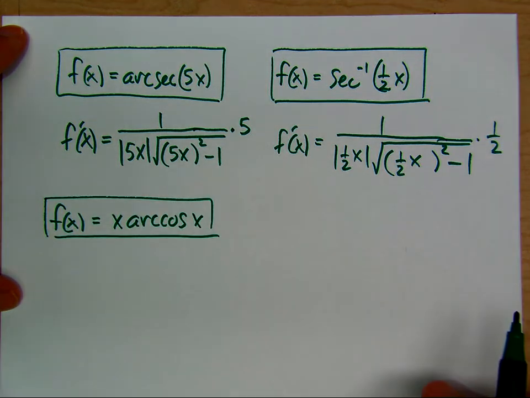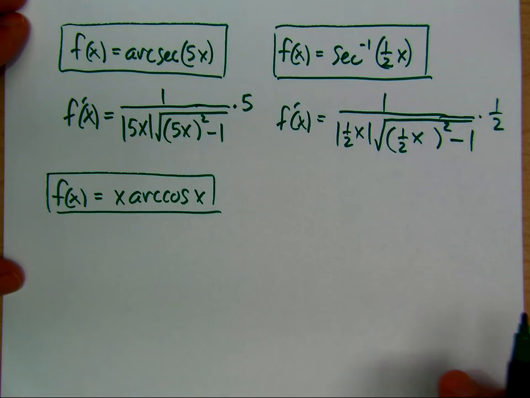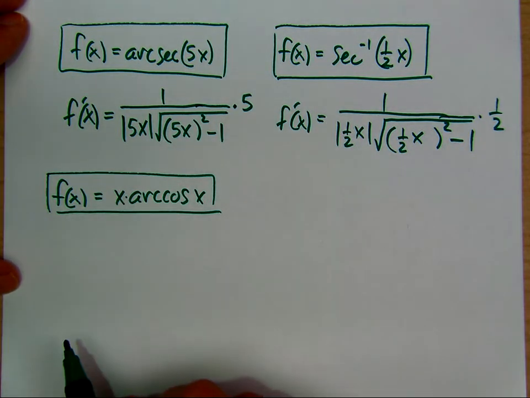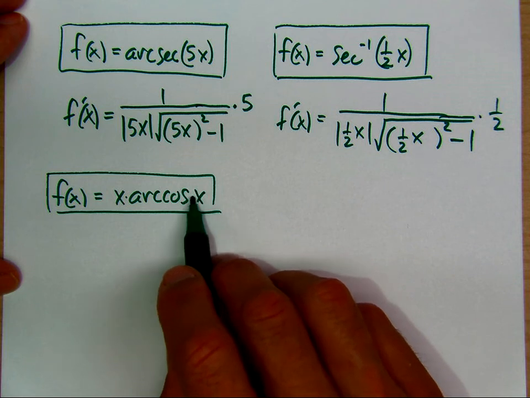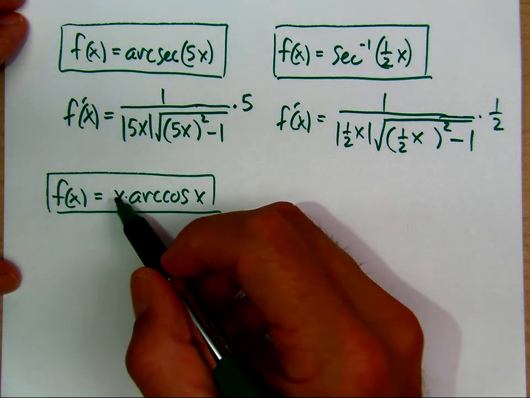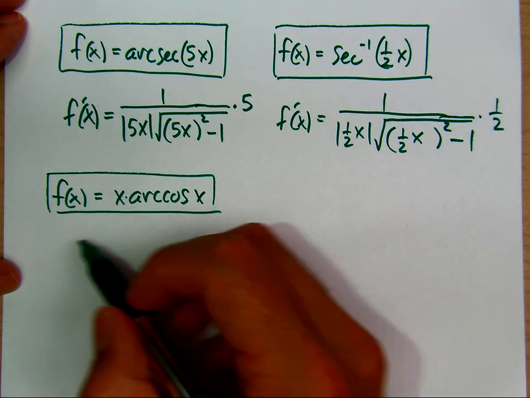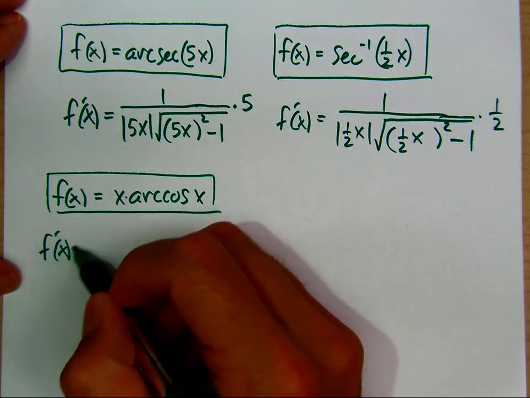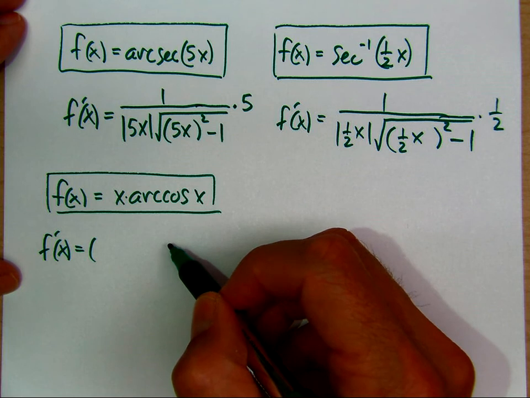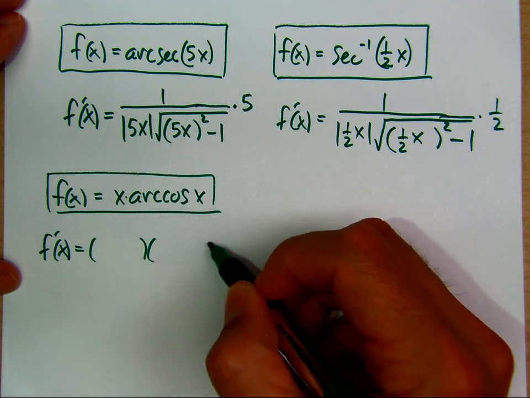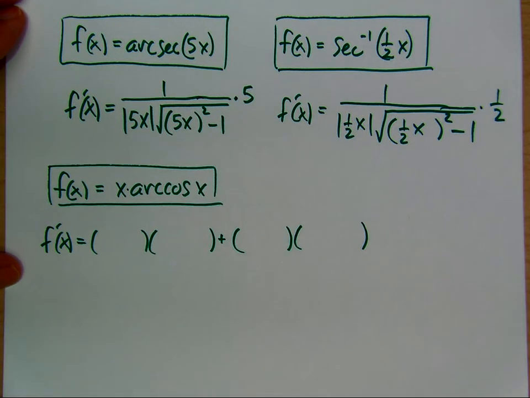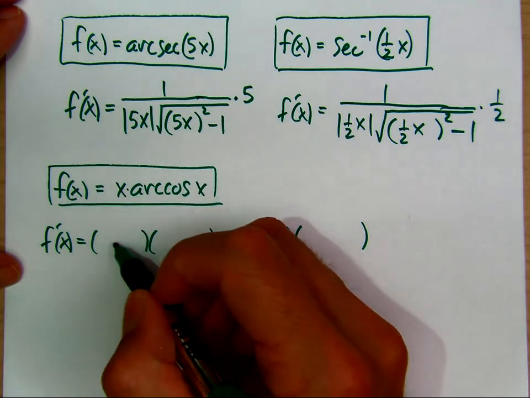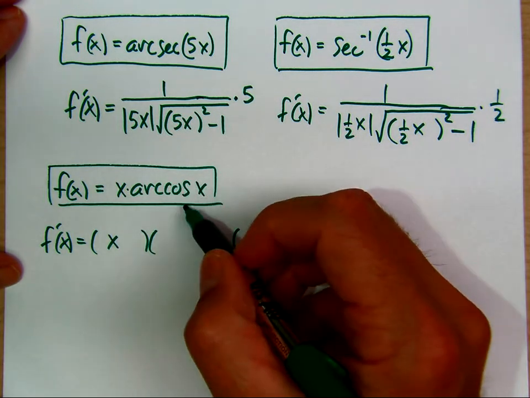Alright, find the derivative. We have to now use the product rule. Remember that this is never a product. We don't want to read this as being arc cosine times x. It is x times arc cosine of x. So here's the pattern for the product rule, and we have the first times the derivative of the second, so that's arc cosine.